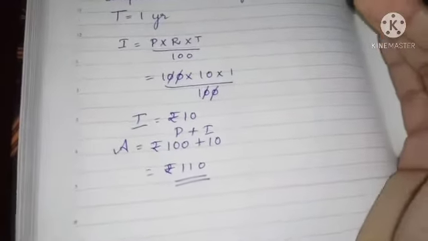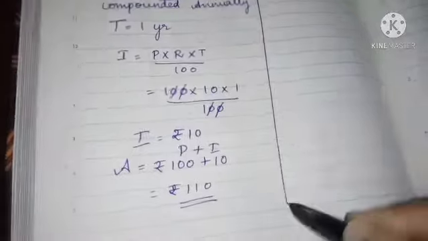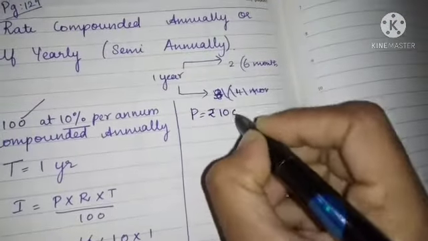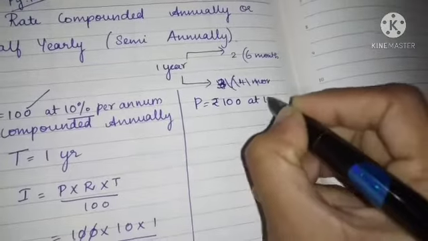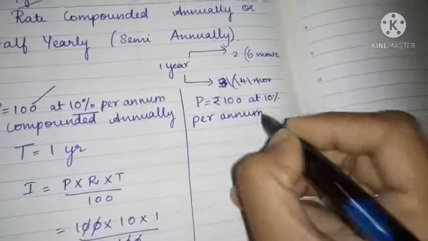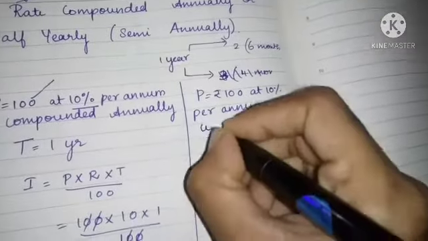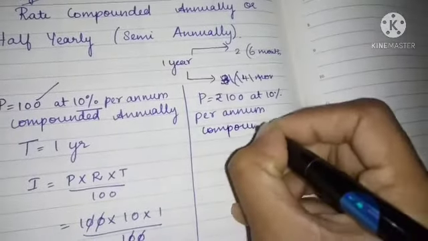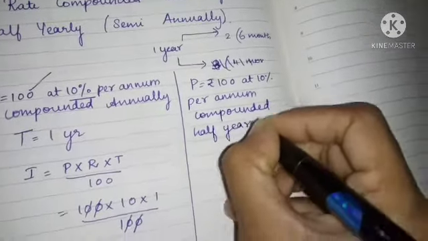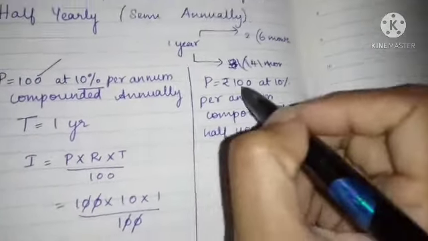Now, they are saying the principal at 10% per annum, which means for a year the rate, is compounded half yearly. What is the principal? 100 rupees.